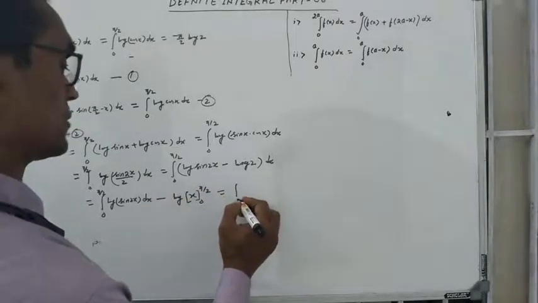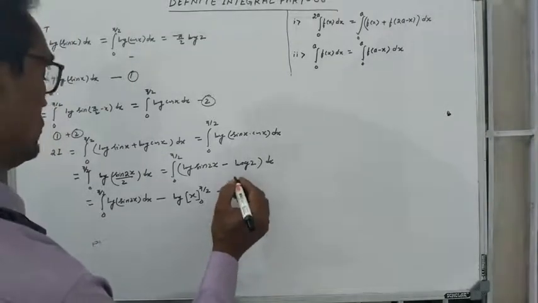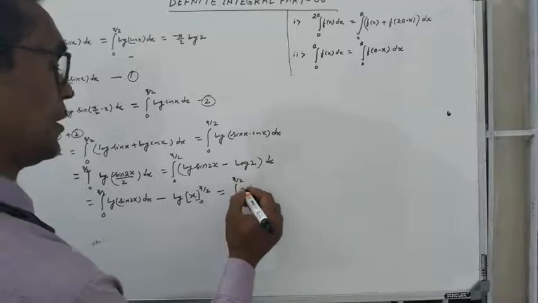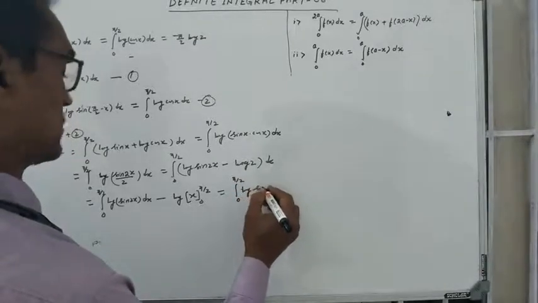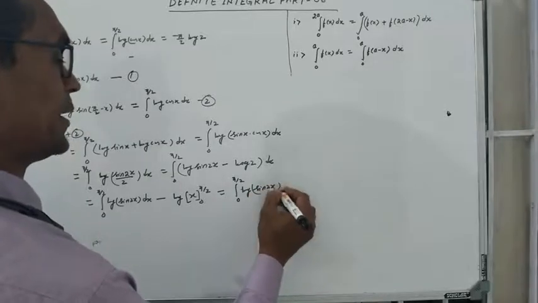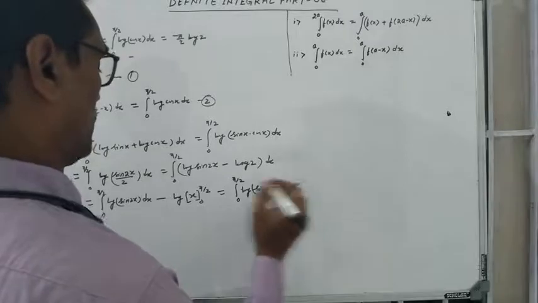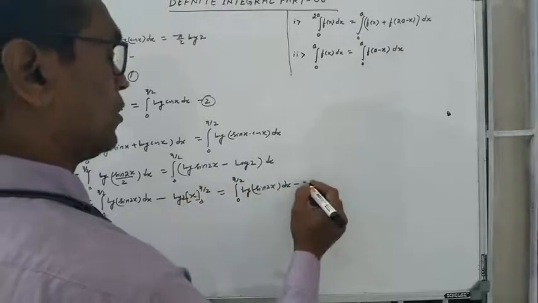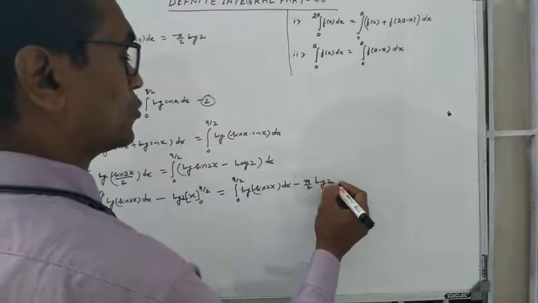So this is the integral from 0 to pi by 2 of log sin 2x dx, and here minus pi by 2 log of 2.